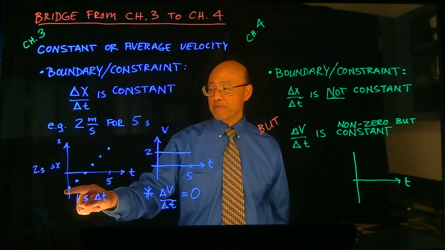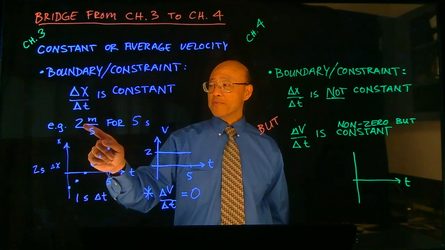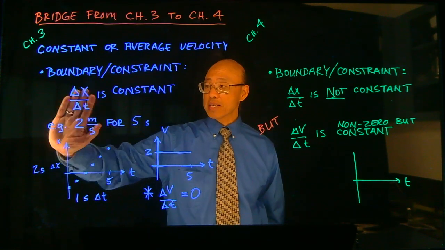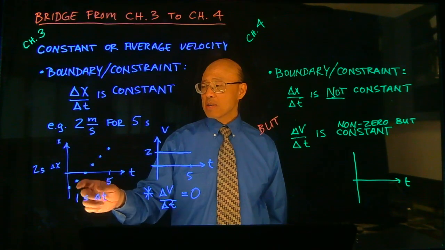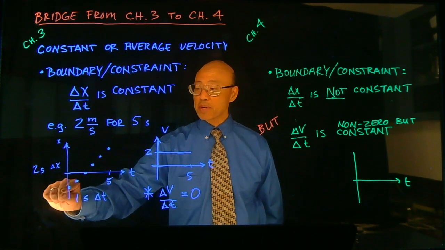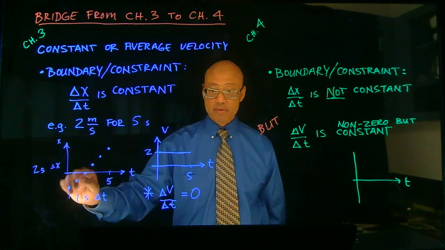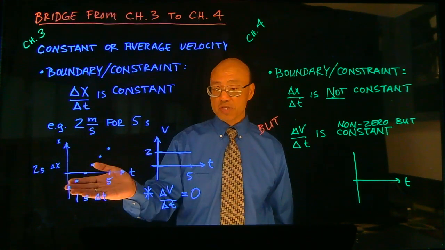I don't have to start down here, but it basically says that if I travel 2 meters per second for 5 seconds, how far do I go? Well, that's 10 meters in 5 seconds. My delta x is 10. So from my starting point to my ending point would be 10 meters, even though I started negative, right? 10 meters. But what kind of scatter plot would I get?